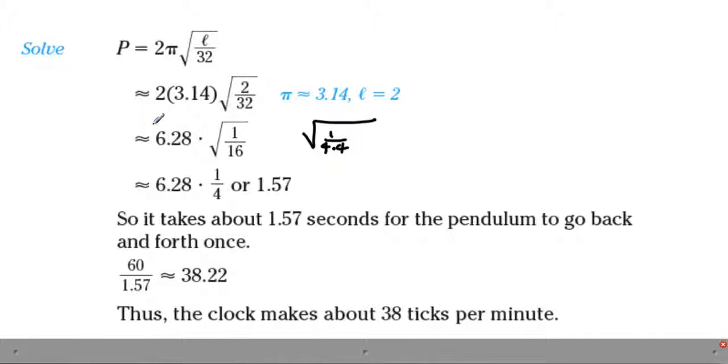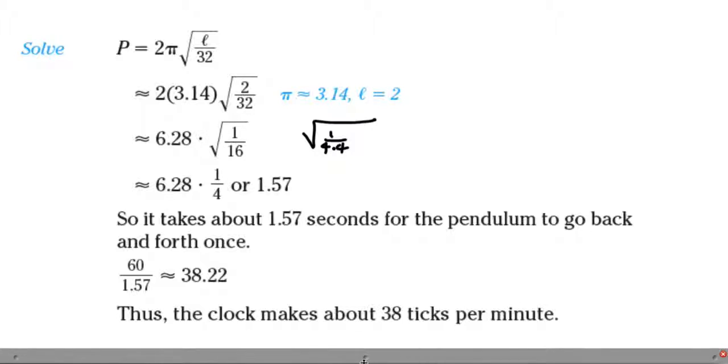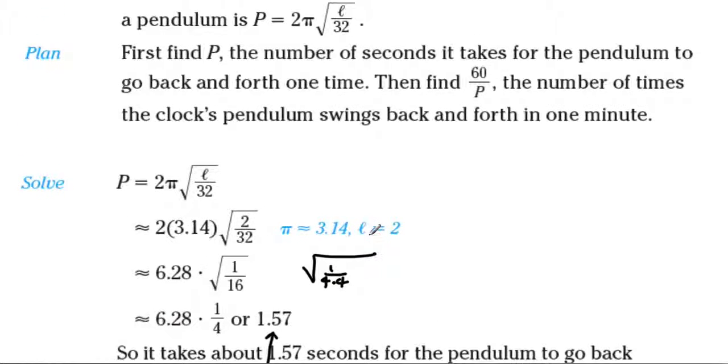If you want to check if our answer makes sense, you simply multiply 38.22 with 1.57, and you'll end up with about 40 times 1.5. Round this to 40, and round this to around 1.5. It's about 60, so the answer is pretty much reasonable. The product is approximately 60, so we know that it's reasonable.